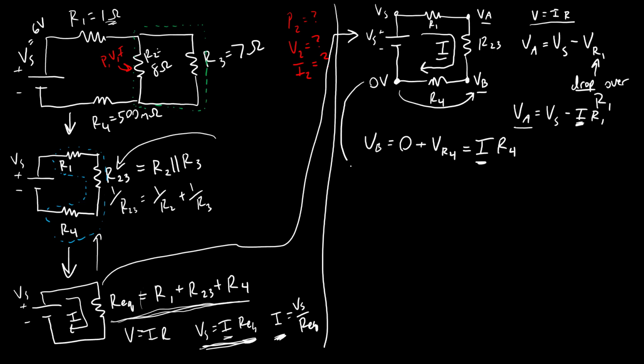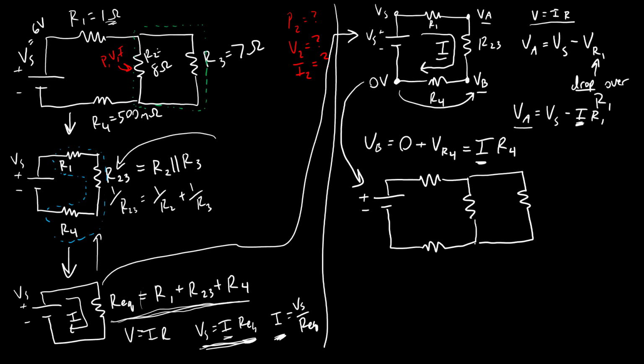I can now take the final step of expanding my circuit back to its original form with all 4 resistors separate, like this. So there's R1, R4, R2, R3.